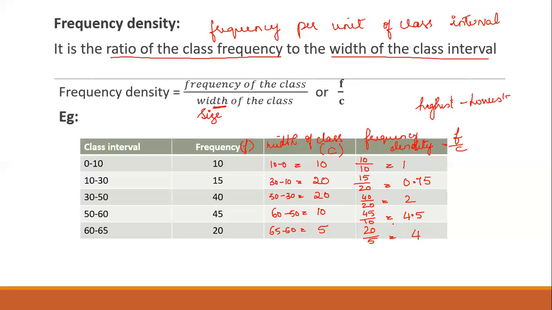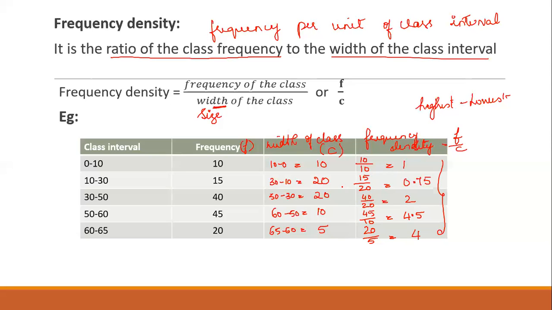Okay, so these values you got in the frequency density column are the ratios of the class frequency to the width of the class. So if they ask you in the question what is frequency density, it is a ratio of class frequency to the width of the class interval, or you can say it is the frequency per unit of class interval as well.